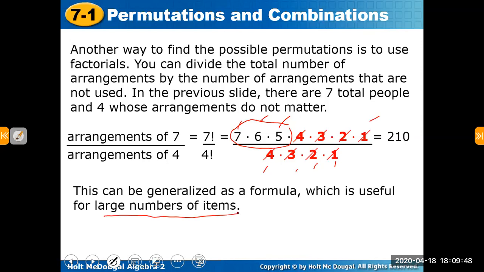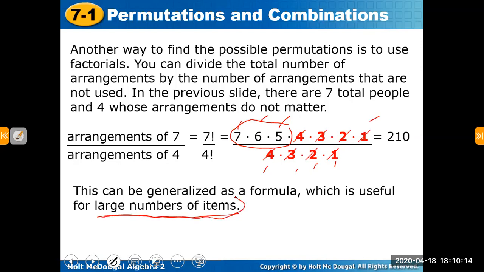So the question is, why do we have the permutation formula if we can just use the fundamental counting principle? We use permutations when we have a large number of objects to choose from.